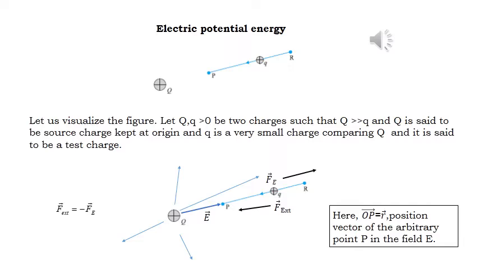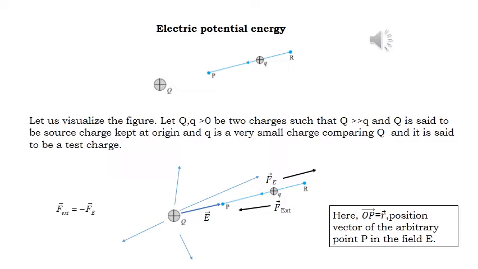So the electric field direction is given in the second diagram. Along the electric field of capital Q, there exists a field force, F vector suffix E, the electrostatic force developed on the test charge q due to the source charge capital Q. And in the same diagram, an external force is also shown.